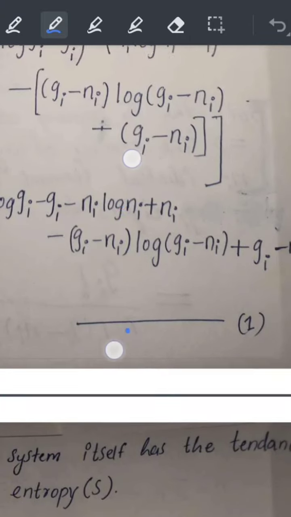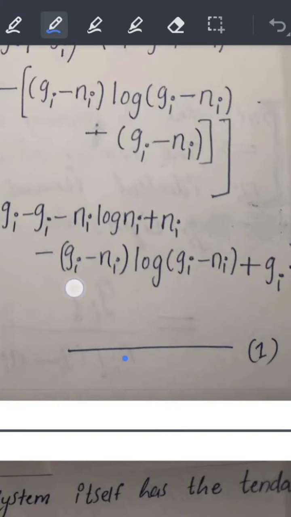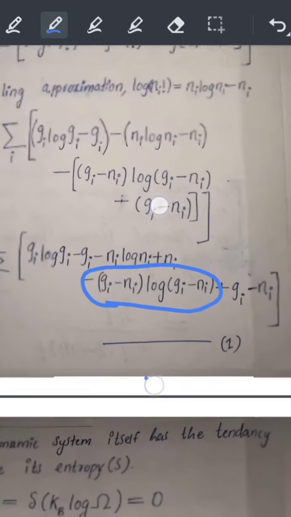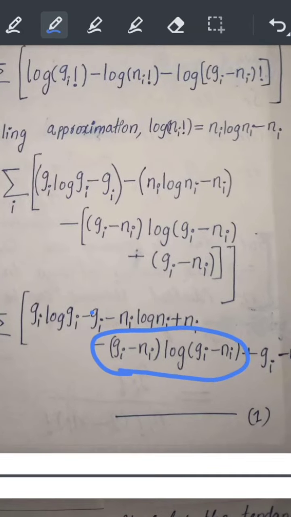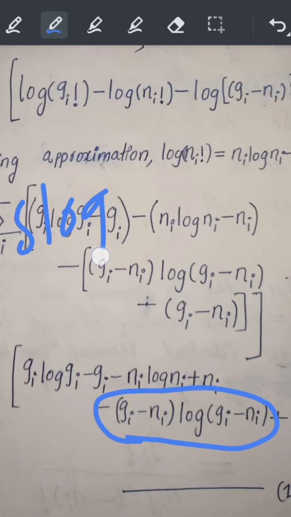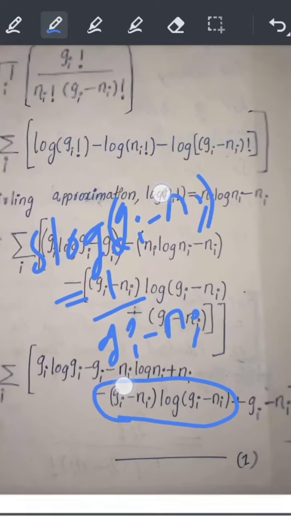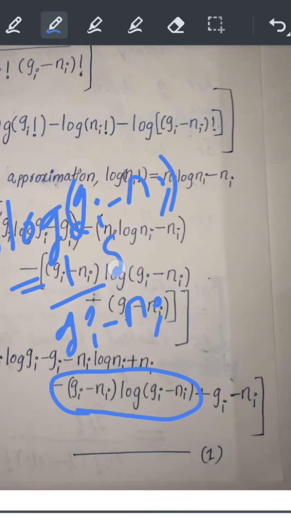And the next function you need to differentiate is minus gi minus ni, log gi minus ni. So the differential of log gi minus ni is 1 by gi minus ni times the differential of gi minus ni, using the chain rule.